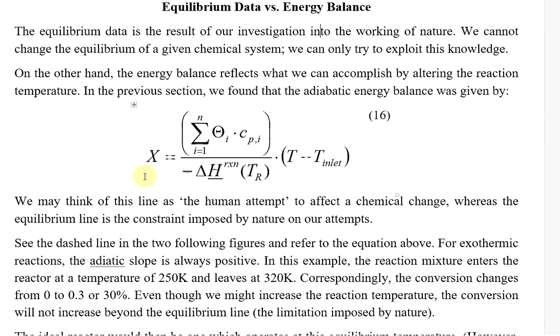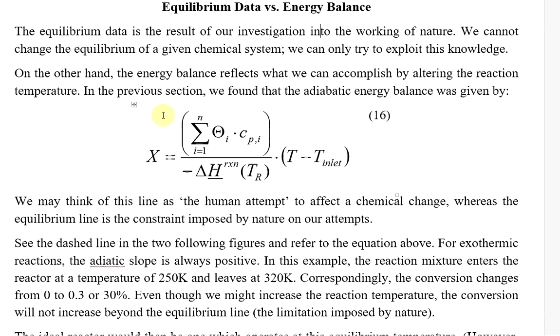So directly from the energy balance on our reactor, we have this relationship, and this is for an adiabatic system, so we aren't adding heat or shaft work. This is the relationship between conversion and temperature.